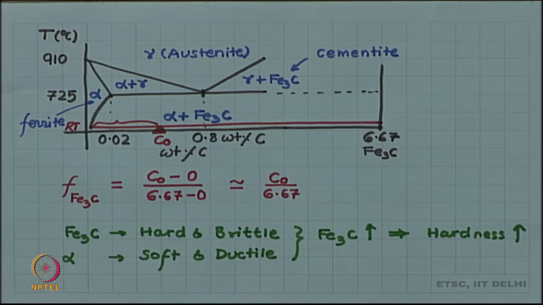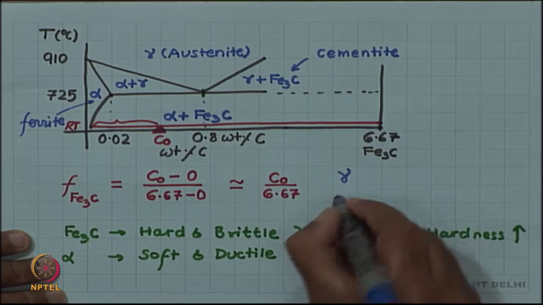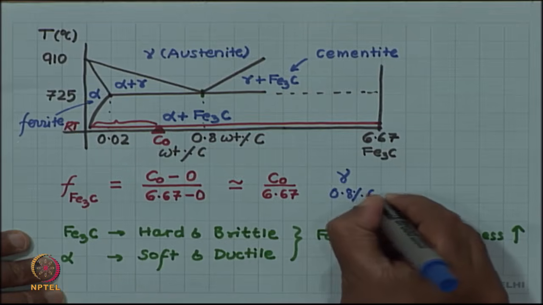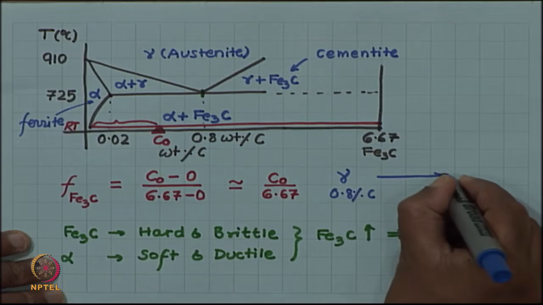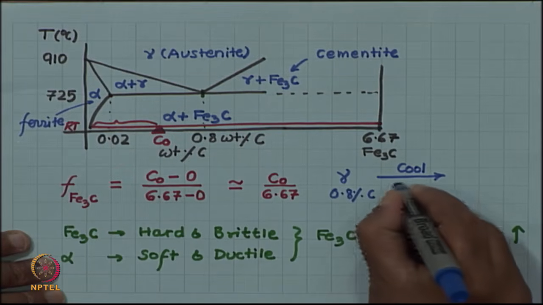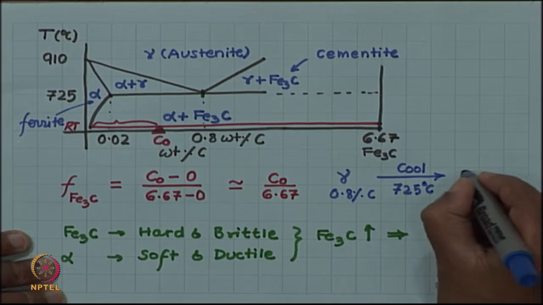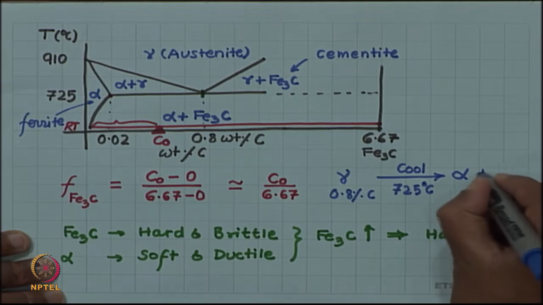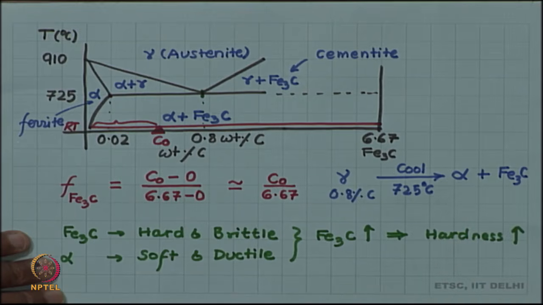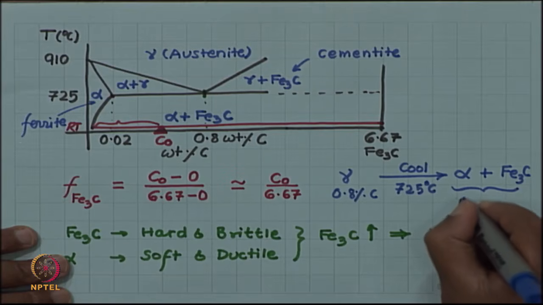So, when austenite, gamma of 0.8% carbon, was cooled through this eutectoid temperature, which is 725 degrees Celsius, we got a mixture of alpha and Fe3C. This mixture was named pearlite.